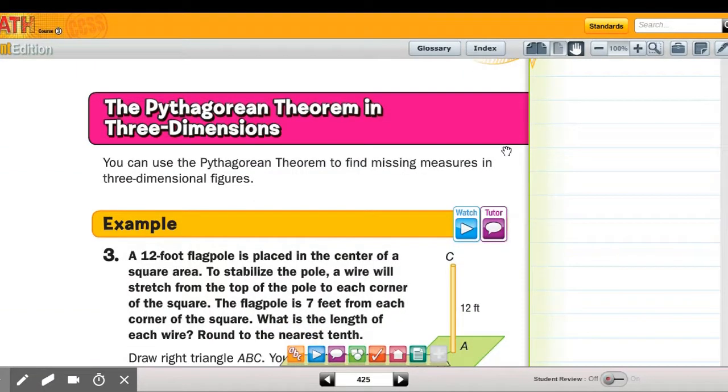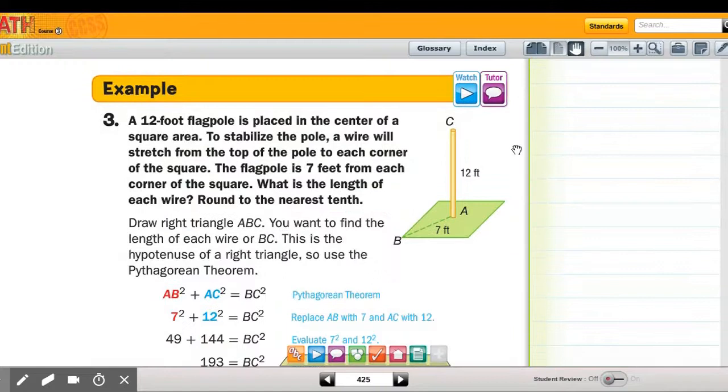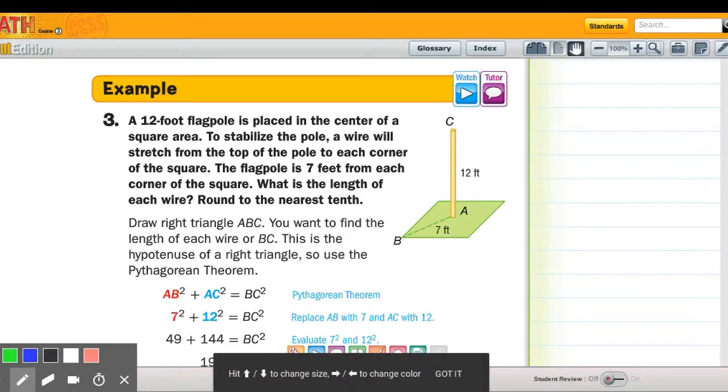Well, I do keep getting bumped off, but the next part of this video will say that it's part 2. So this is actually part 1.95. And they're talking about using the Pythagorean theorem in 3 dimensions, which, again, is no big deal, because I have a side here, a side right here, and a side here.